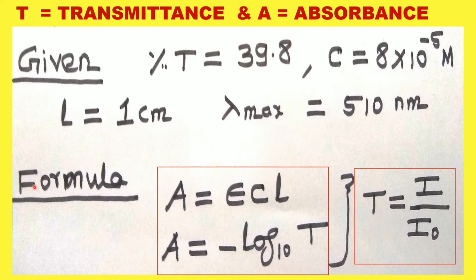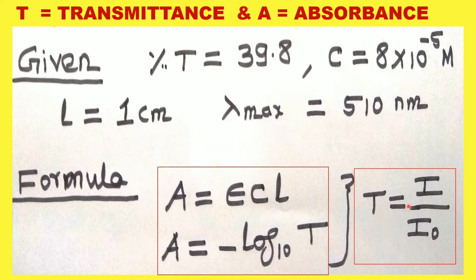So what is the formula used? Absorbance equal to epsilon C l, where A is the absorbance, epsilon is the molar absorption coefficient, C is the concentration of the colored solution, L is the path length, and they have given transmittance. What is the relation between absorbance and transmittance?